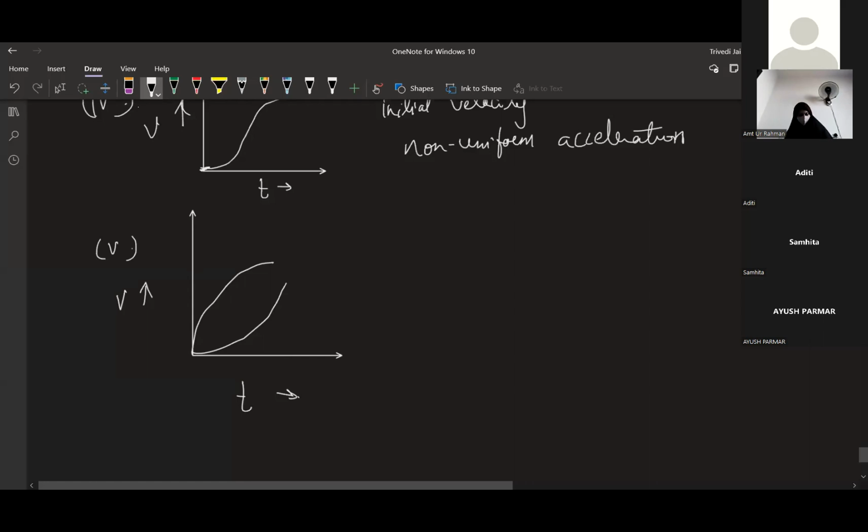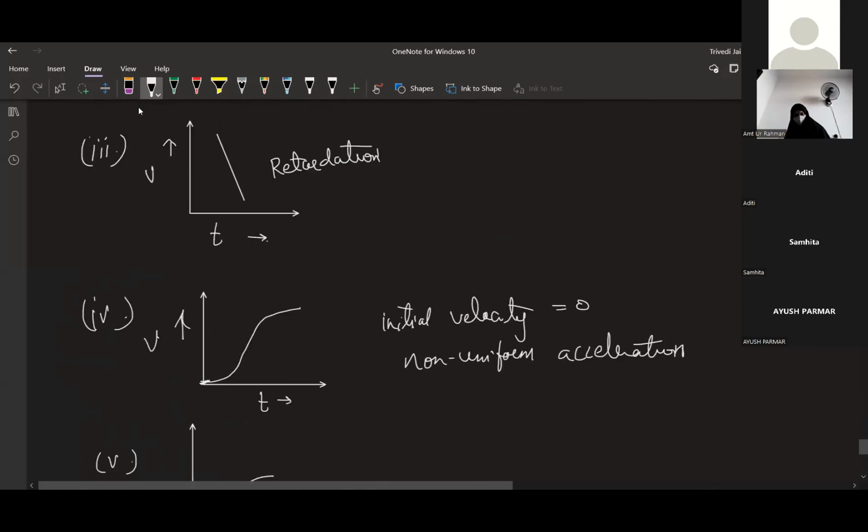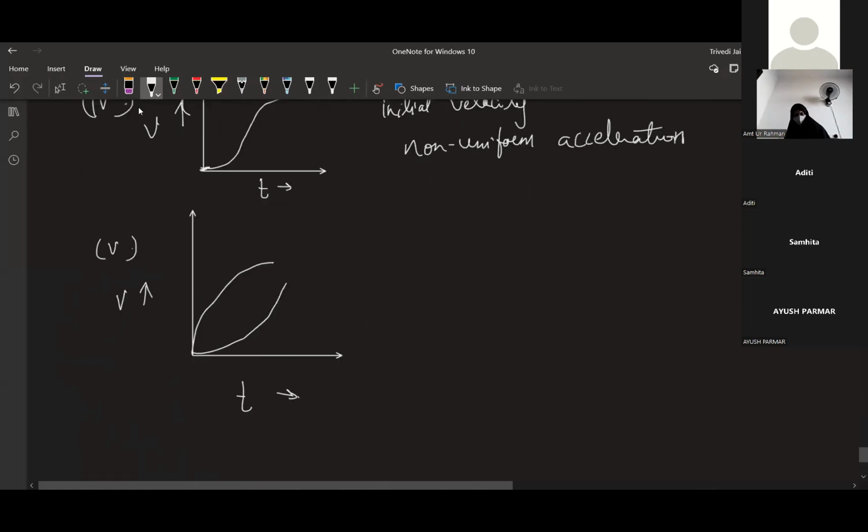Acceleration will increase and decrease with time. So it is both, right? Where is it increasing, where is it decreasing? First it decreases and then it increases. Yeah. So actually these are all standard graphs. Some exam they ask this one, and I just saw it and I'm just asking you.